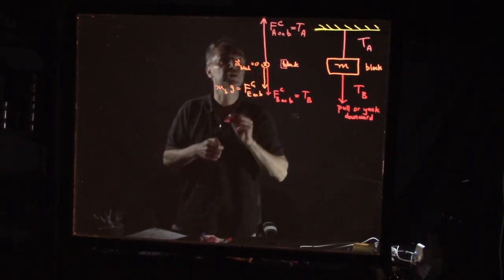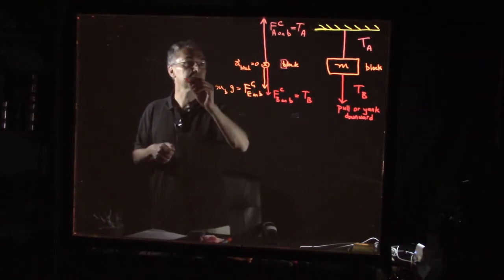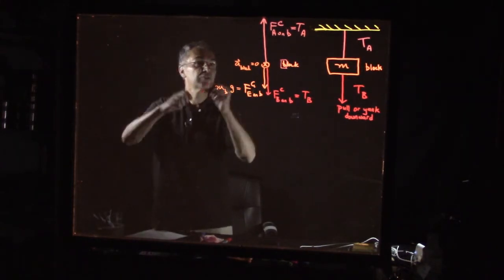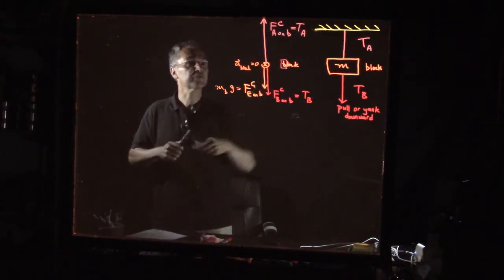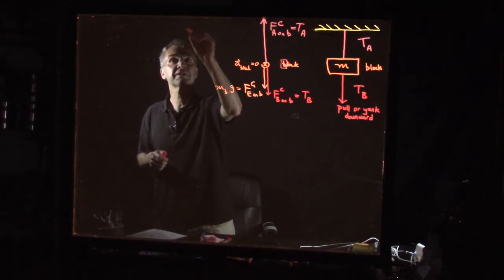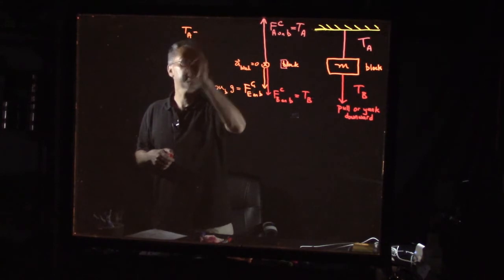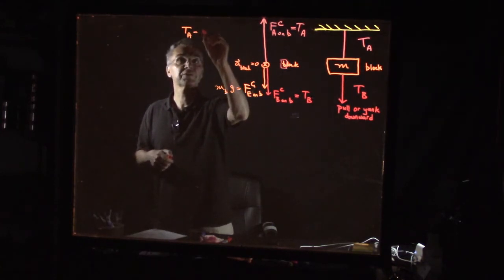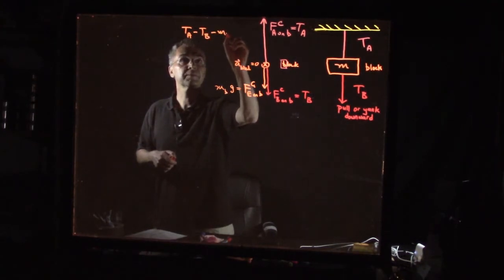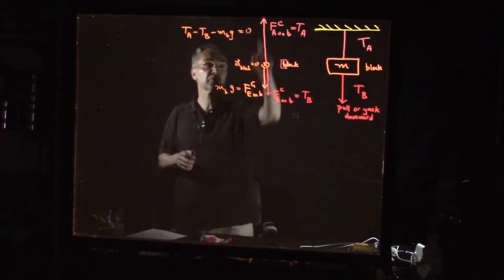If the acceleration of the block is 0, then Newton's second law says the mass of the block times 0 equals the vector sum of all the forces on the block. So we'll do up minus down. That tells us that the tension in string A minus the tension in string B minus m of the block times g equals 0. That's just the sum of all the forces up minus down.